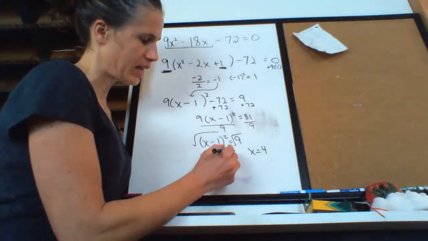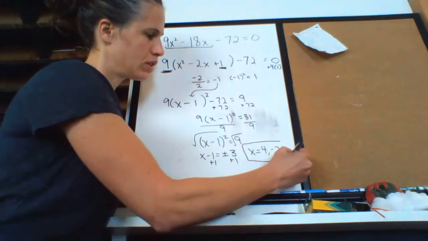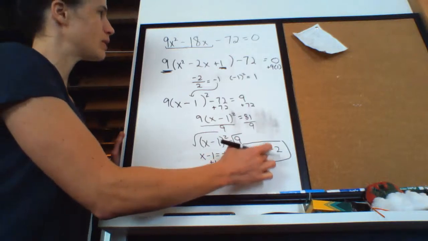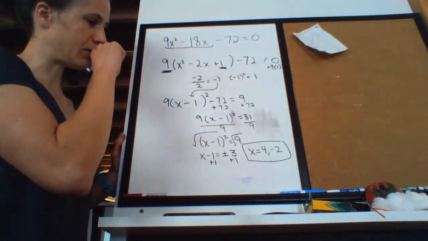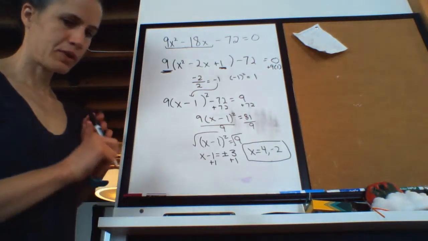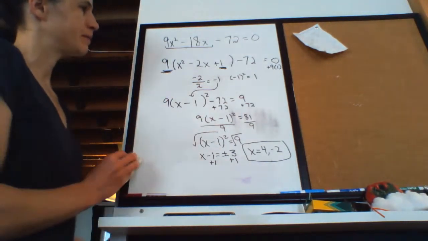Negative 3 plus 1, -2. So those are my two solutions. If I want to check, I can always plug these answers back in here, and I should get 0, right? All right, cool. So that's solving by completing the square.